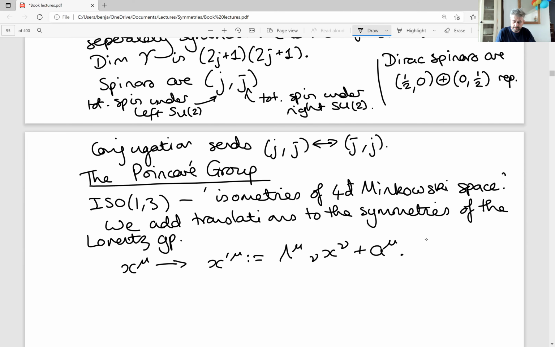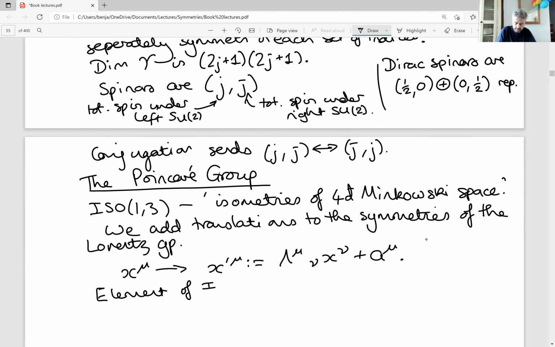So what we call the element of the Poincare group, we denote as lambda comma a here.